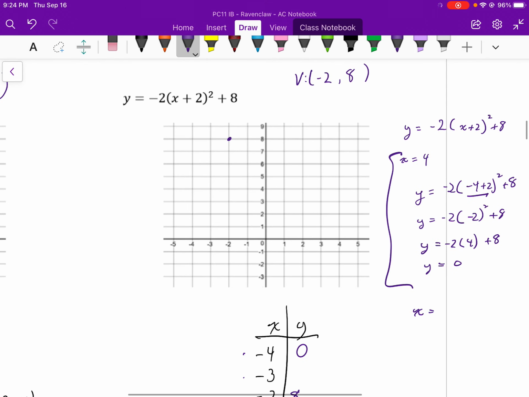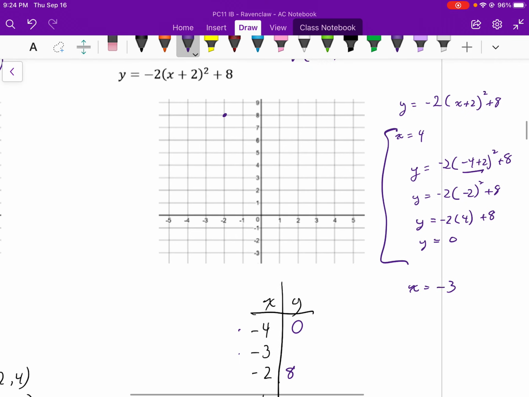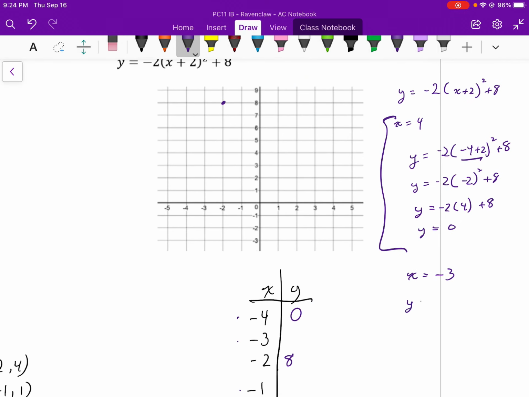Now, if we do the same thing for negative 3, so I plug in x is equal to negative 3 to get my point.